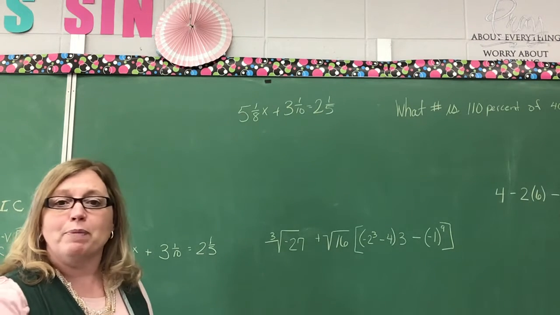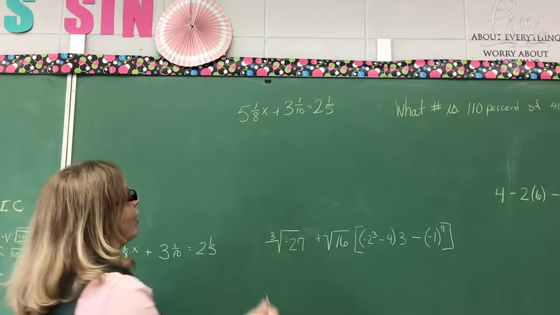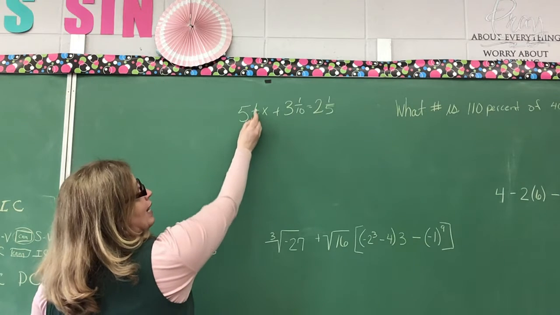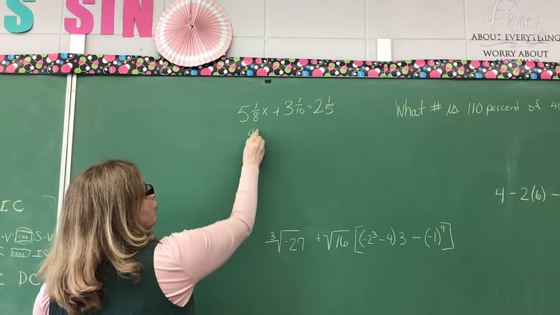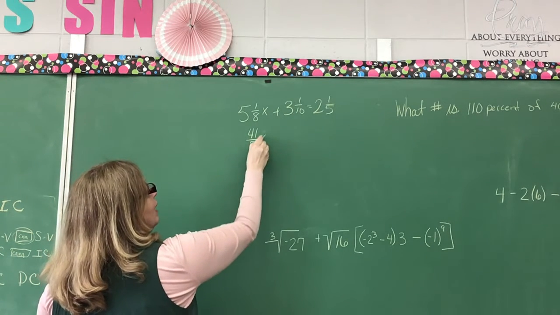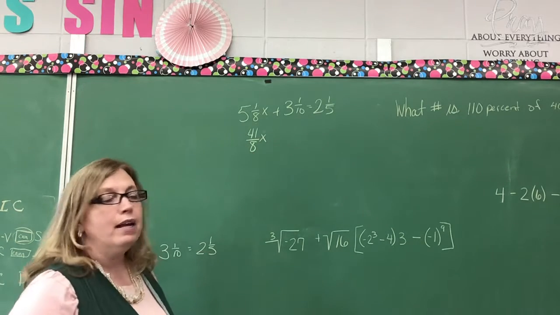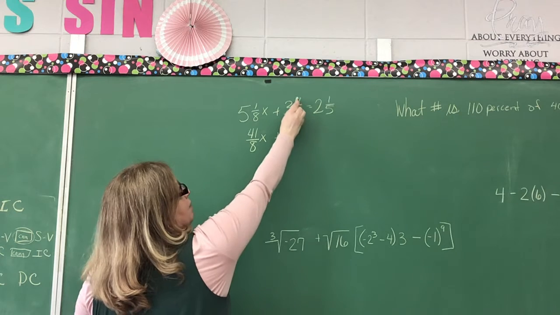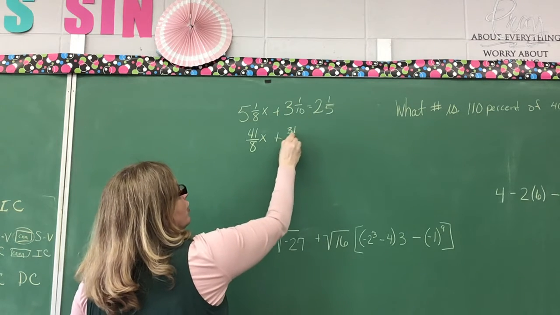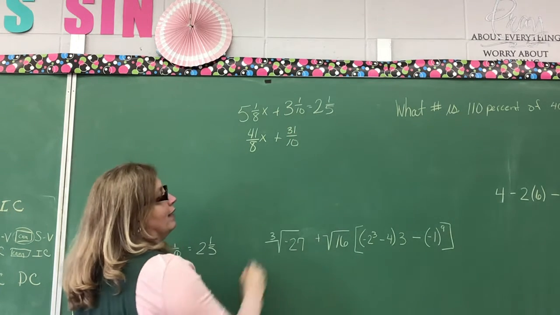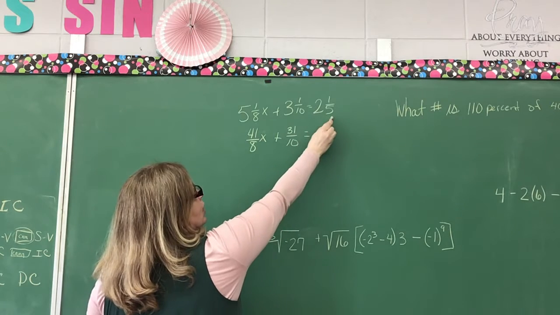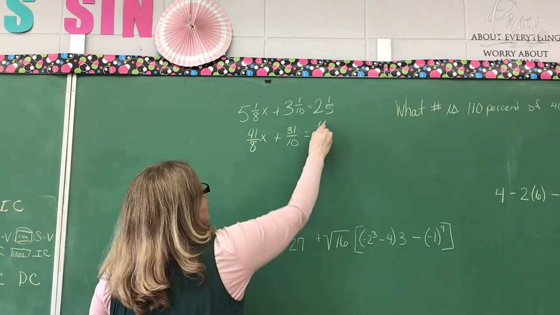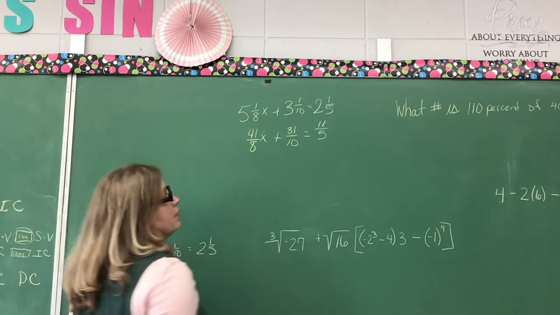First thing I'm going to do is make all of them improper fractions. 5 times 8 plus 1, I have 41 over 8x. Go to the next one and say plus 3 times 10 plus 1, 31 over 10. That equals 2 times 5 plus 1 is 11/5.